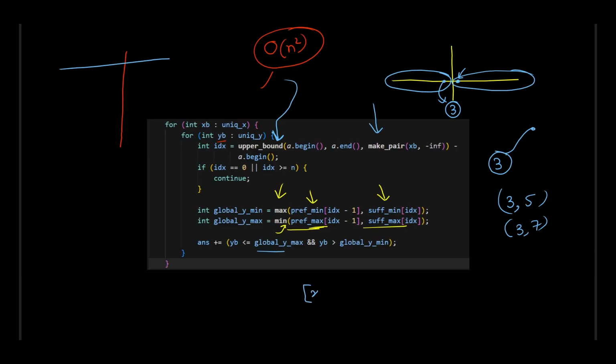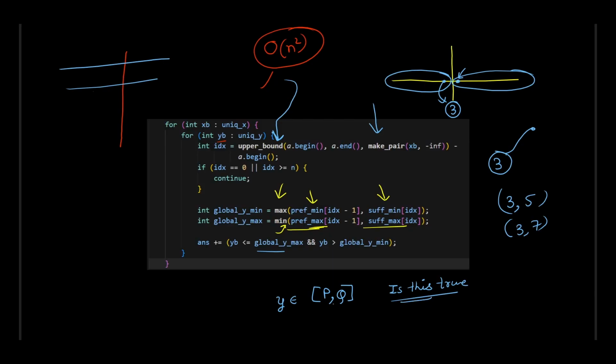If you call this global y min as p and the global y max as q, then for each vertical line you are checking whether this value x lies in that interval. You are asking this question, is this true?